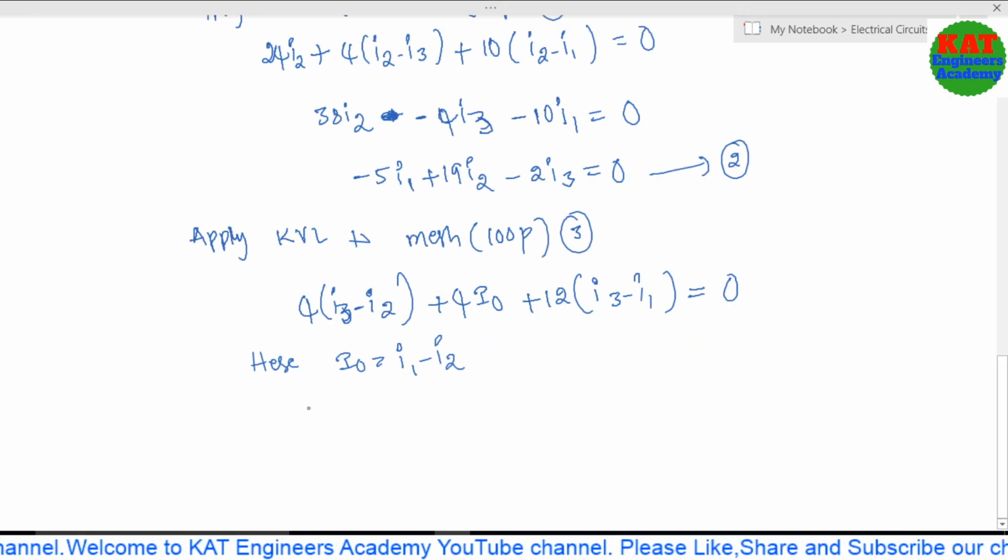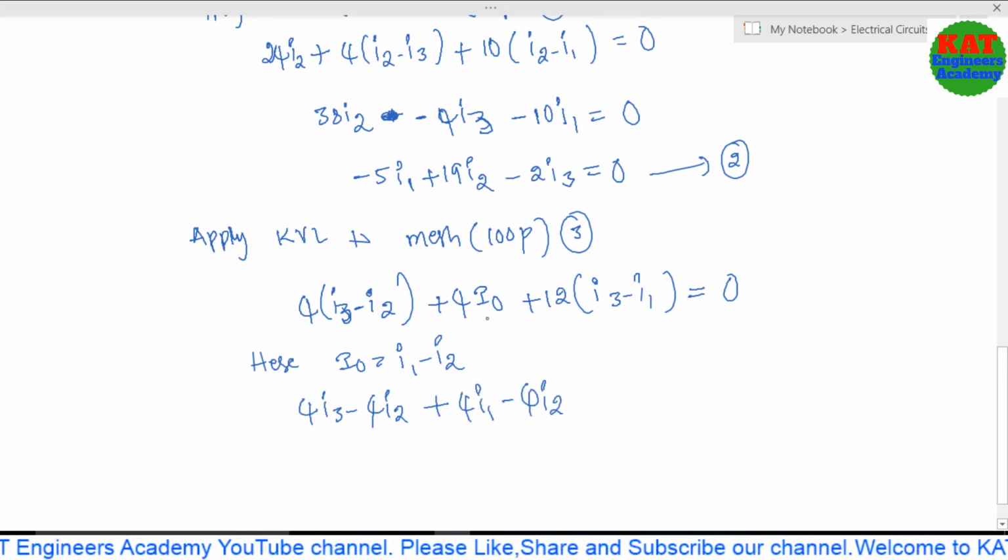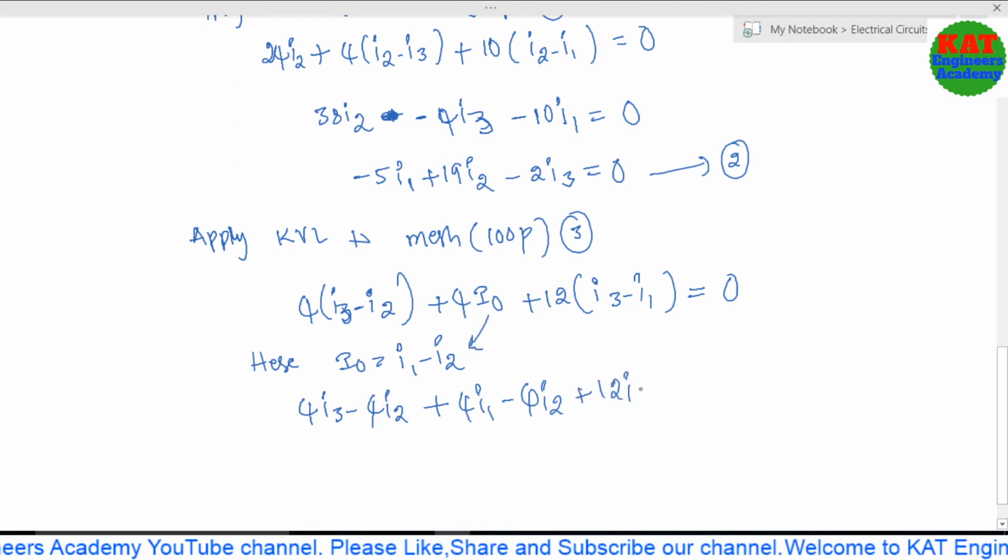Then substitute these two currents. We get 4I3 minus 4I2 plus 4 into I0, where in place of I0 we substitute I1 minus I2, so we get 4I1 minus 4I2. Next plus 12 I3 minus 12 I1 equal to 0. Now simplify this equation.